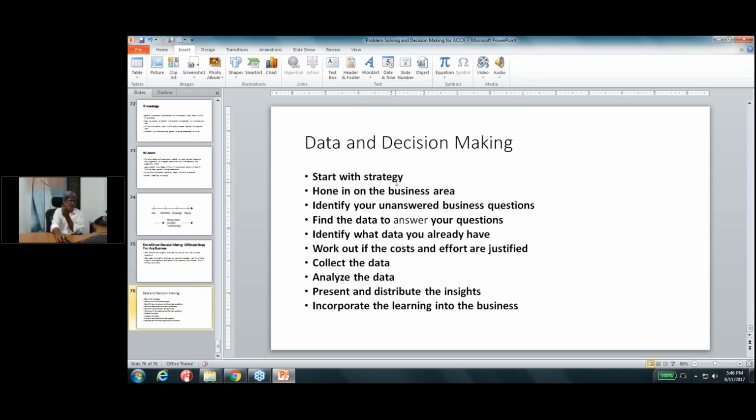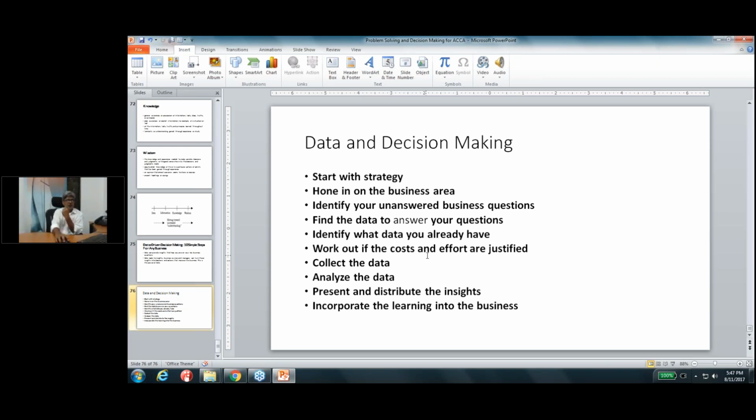Again, start with the strategy and objective. You need to identify what you actually want. Then you need to identify the business area where this should be implemented. Then identify your unanswered business questions, so that your data can be modeled accordingly, and find the data to answer your questions.